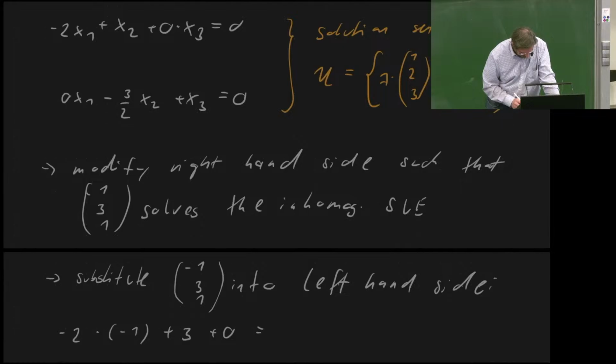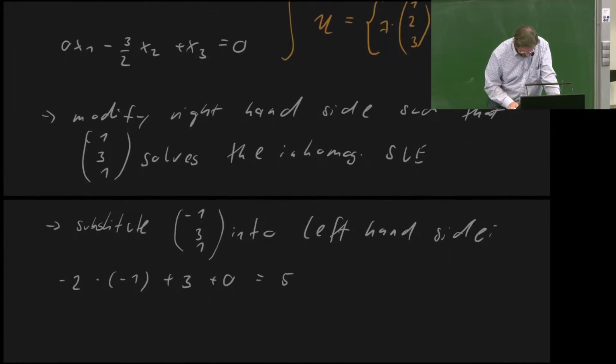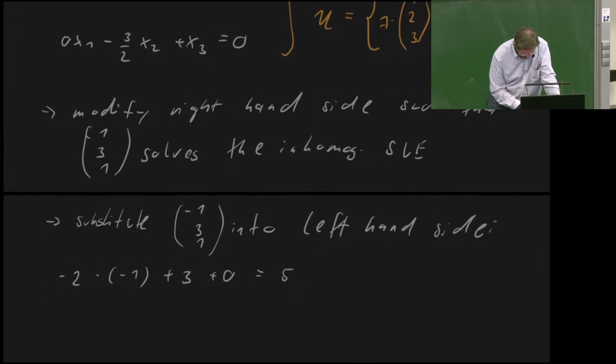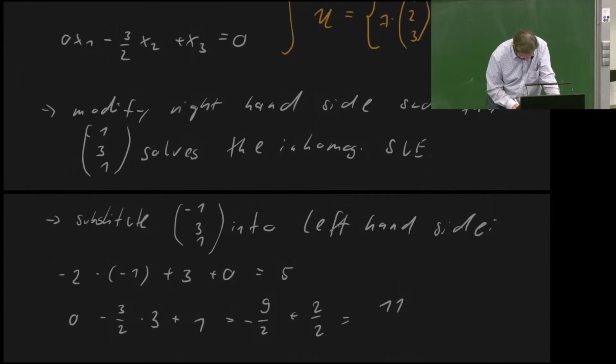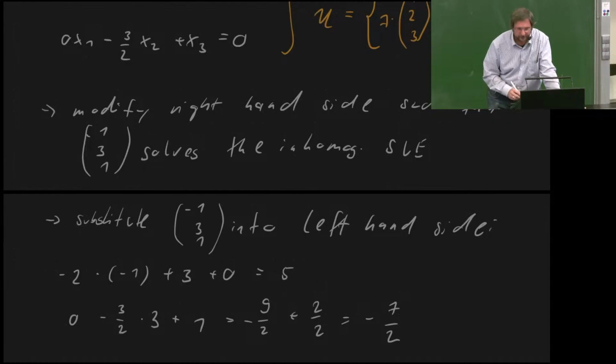That is, let's see, +2 plus 3, that should be 5. And here, the second equation, we had 0 minus 3/2 times 3 plus 1. So that is 9/2 plus 2/2. So that's 11/, no, sorry, that's a minus, not 11. So that's -7/2.